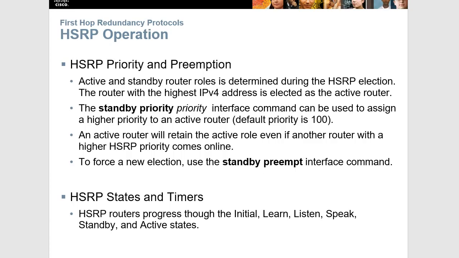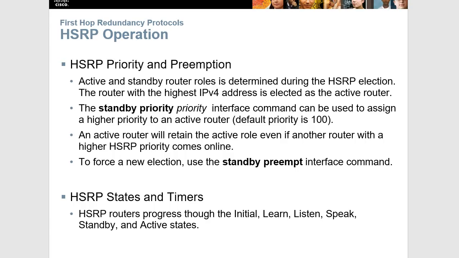So your HSRP states and timers: you've got initial, which happens when there's a configuration change, basically setting up the new HSRP. You've got learn, when your router has not learned the virtual IP address and has not sent any hello messages. It's waiting to hear from the active router. In listen, the router knows the virtual IP address, but the router is not active or standby.